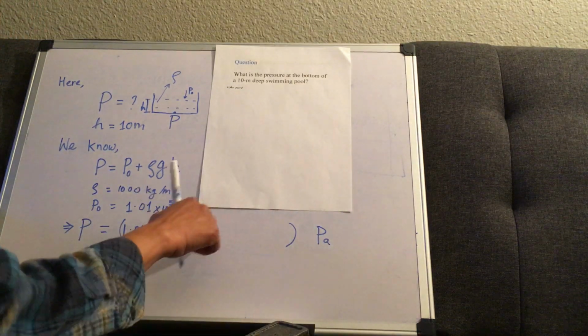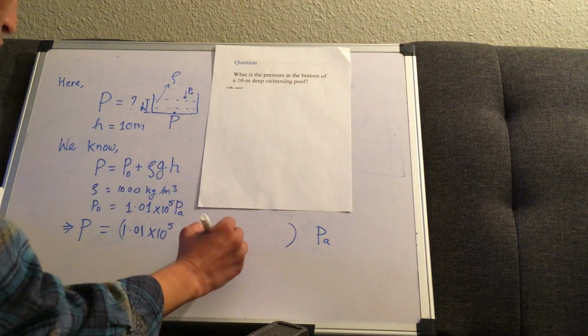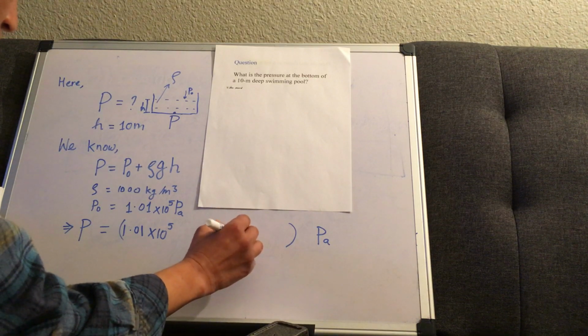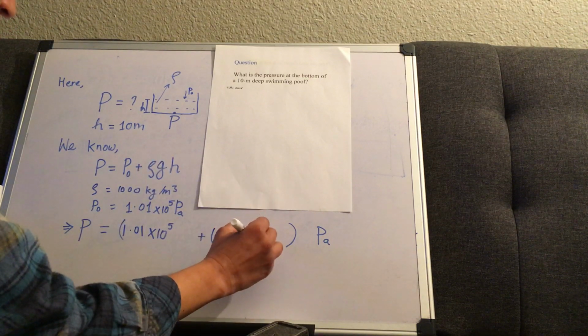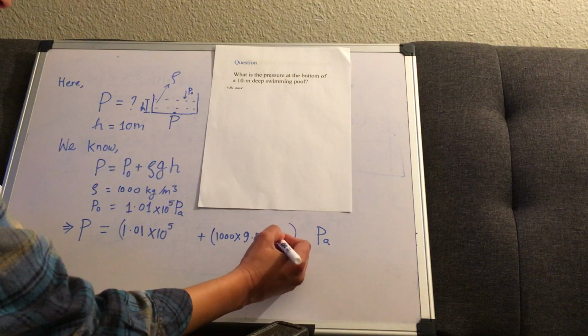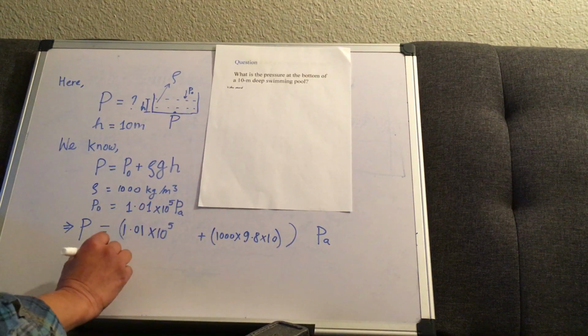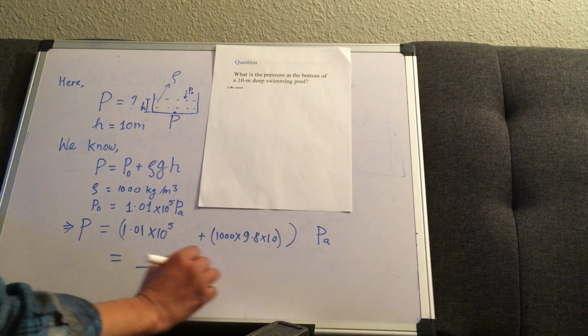Plus rho, which is 1000, times g, which is 9.8 meters per second squared, times height, which is 10 meters. So now if you do the calculation here, what do you get?